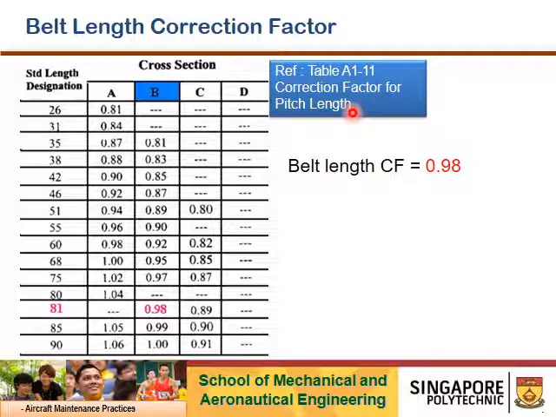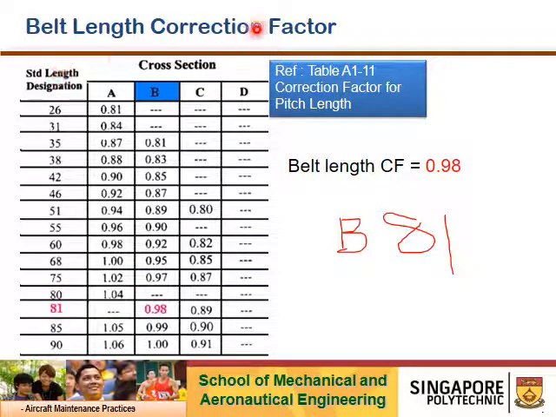When you're at A1-11, you will see a few columns with standard length designation numbers and cross section, referring to the belt section you want to use: A, B, C, D. In our example, we have selected section B. If you remember, I kept emphasizing that when you determine your belt pitch length, you get B81. This is the number that is very important, and you're supposed to take note of. This is the time where you will use this B81.